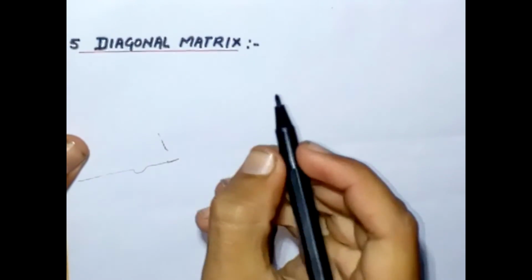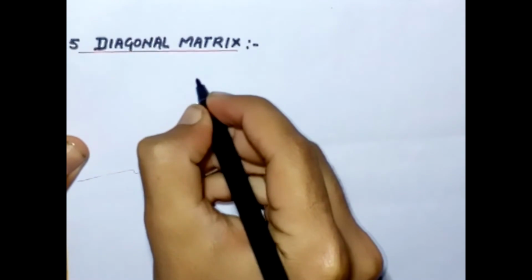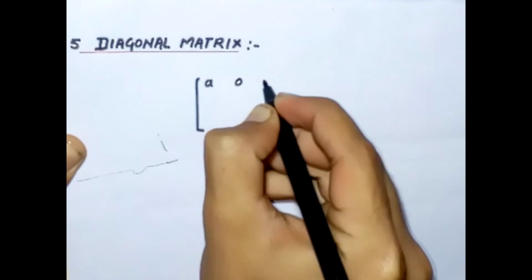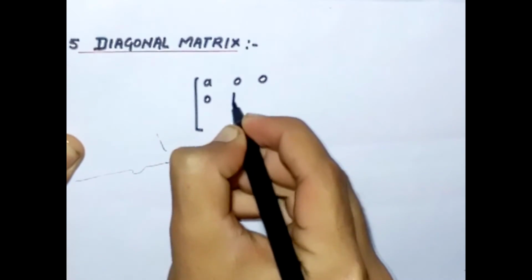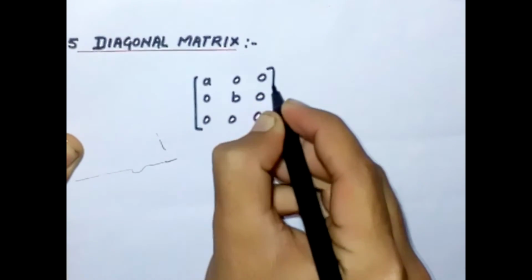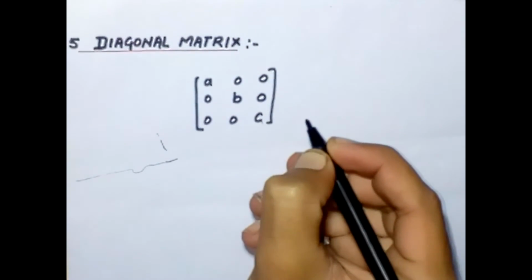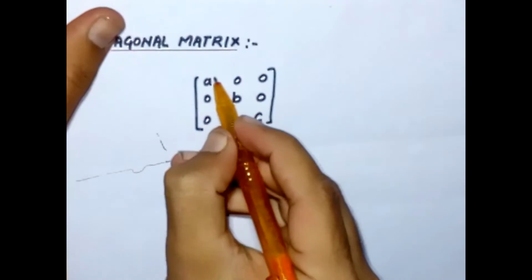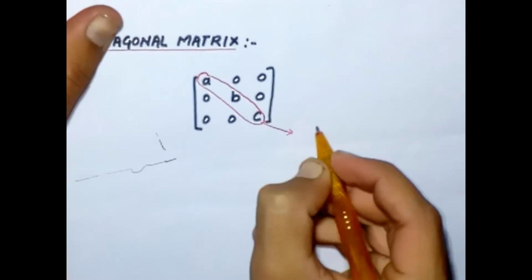Type number 5, diagonal matrix. What is a diagonal matrix? Now in this matrix, this is the main diagonal.